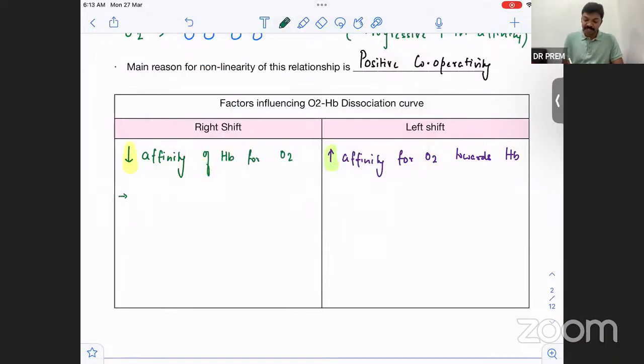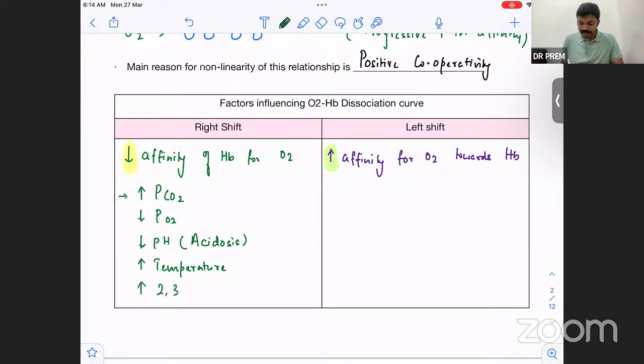Right shift of the curve is seen in increased partial pressure of carbon dioxide, decreased partial pressure of oxygen, decrease in pH, in other words acidosis, and increase in temperature. Along with these parameters, you must be familiar with increase in 2,3 diphosphoglycerate.